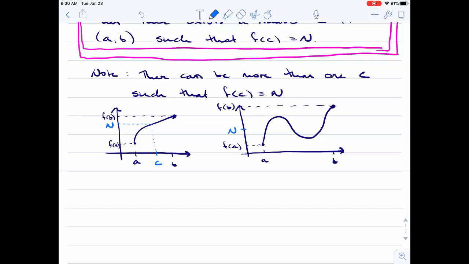If I pick some value of n between those 2 points, then there's actually 3 values of c that make that happen: C1, C2, C3.